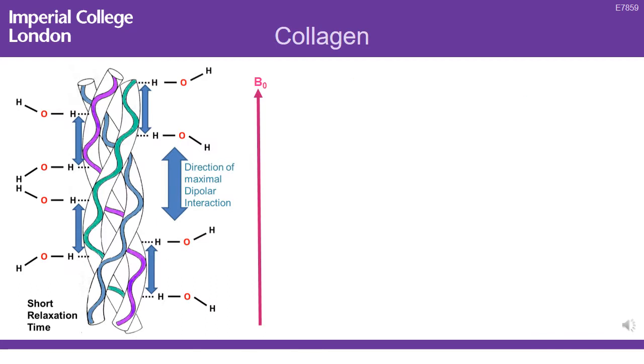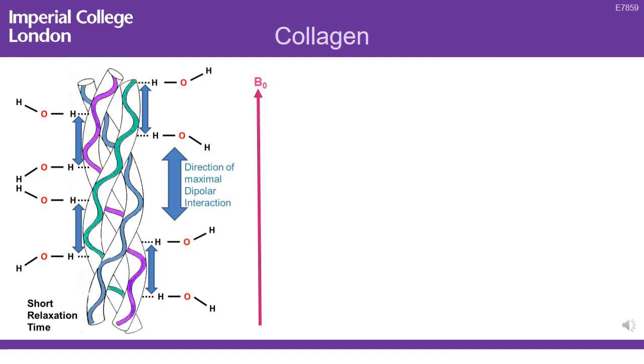In this slide, we're going to try and relate what we've learnt to the molecular collagen structure. So here you can see some triple helix and the hydrogen bonding, or the bonding of the water onto those triple helix. The proton interaction occurs along the same axis as the collagen fibre. So when the collagen fibre is orientated parallel to B0, the dipolar interaction is maximal, leading to very fast T2 relaxation times.